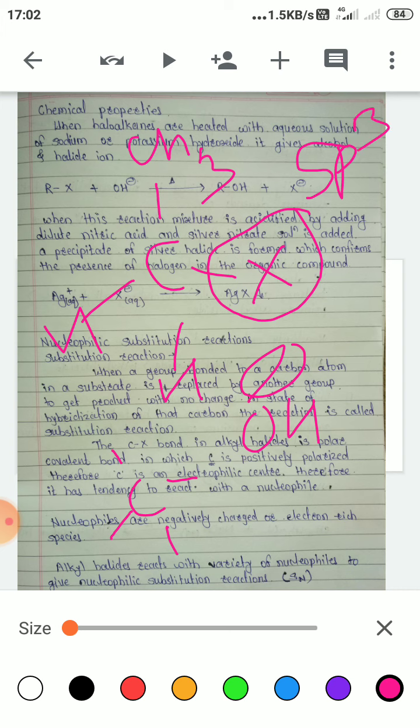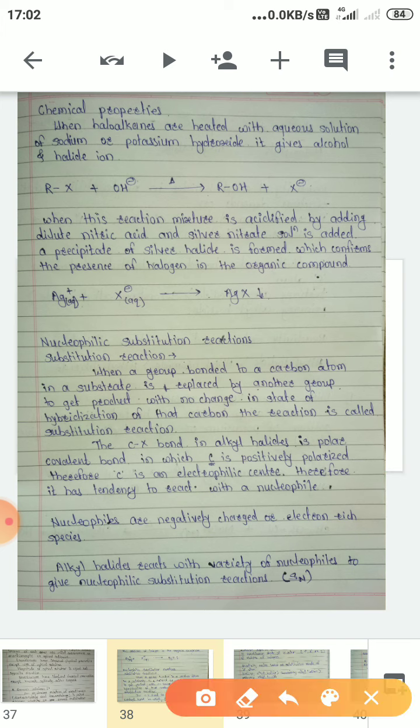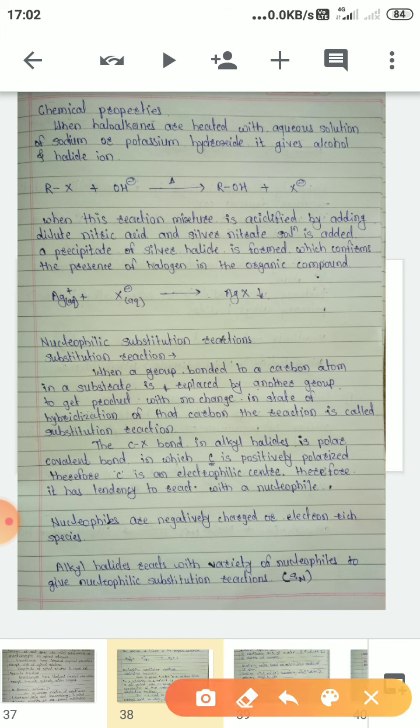So after the substitution of halogen by hydroxide ion, the hybridization state of the carbon atom will remain the same, only the hydroxyl group will come in place of the halogen atom. So the hybridization of the carbon atom is one and the same. Such types of reactions are called substitution reactions.